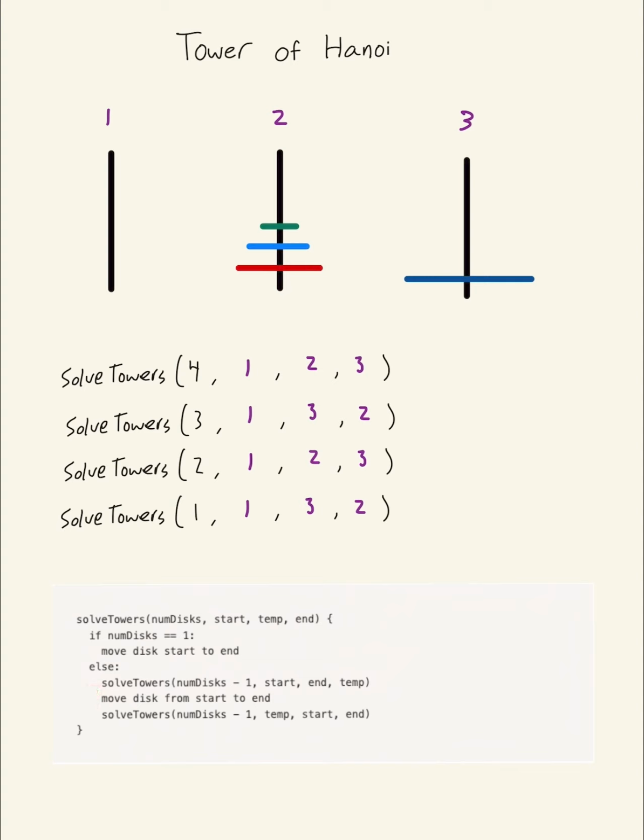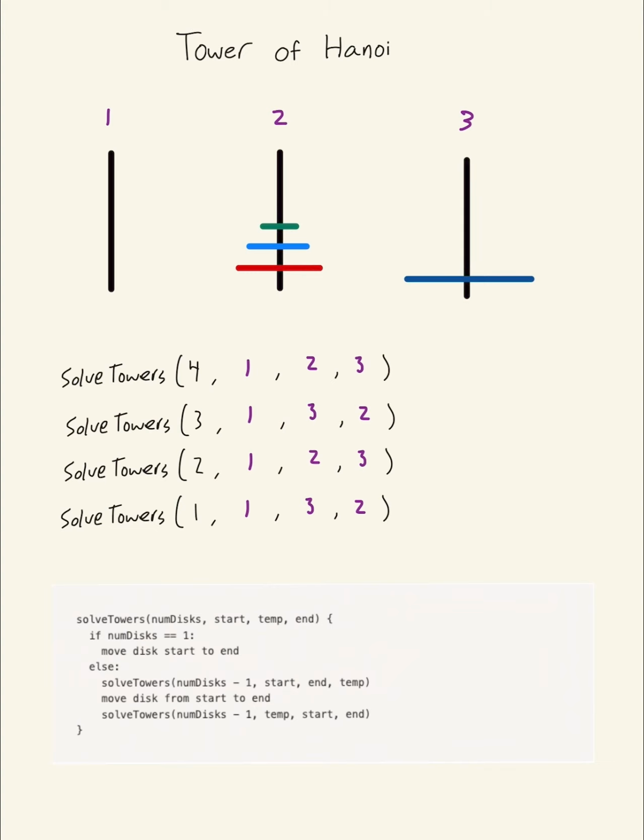Now what we have to do is solve the subproblem of a tower of size 3 just one more time, except this time we're moving it from the original temporary pole over to the end pole, and we're using the start as the temporary. So using this as the temporary, we want to move a tower of size 3 from the original temporary over to the end.